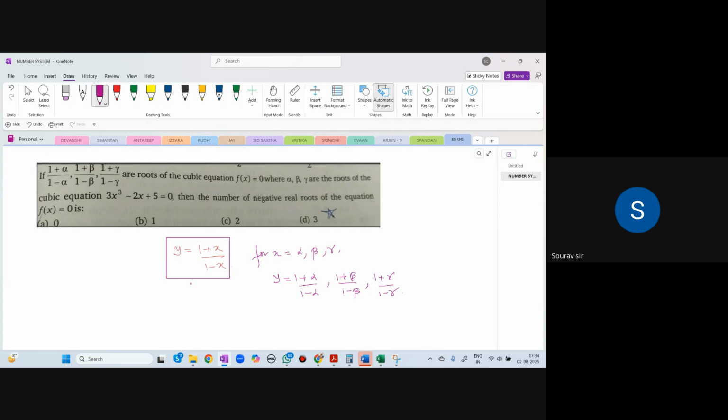So I have to transform the given equation of x to an equation of y. This is what I have to do. Understood?